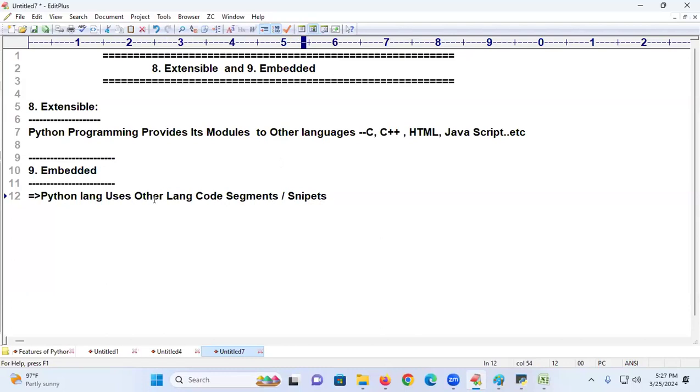A part of the program. I can use it in another language. Segment also means the same. Such kind of other language code can be used in which language? That's why Python is which language? Embedded. Python provides its services to other languages. It is known as what? Extensible. Clear? If you are providing help to others, you are called what? Extensible. You are taking help from others. Embedded. I hope it is clear.